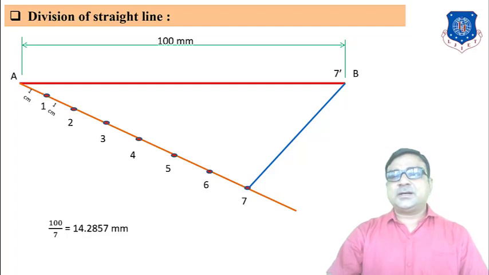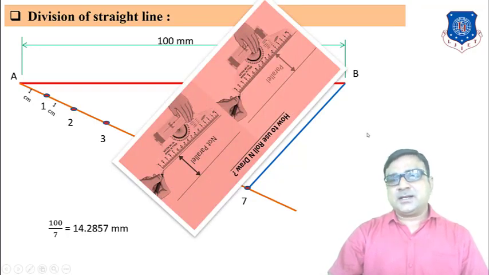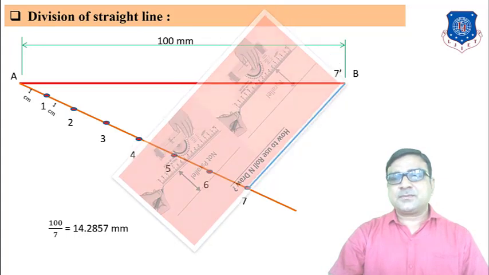Now in this method we want to draw a line from 6 which must be parallel to 7 dash, and from 5 also parallel to 7 dash. With the use of a roller scale you can put the roller scale in this way and slide it to draw the parallel lines.